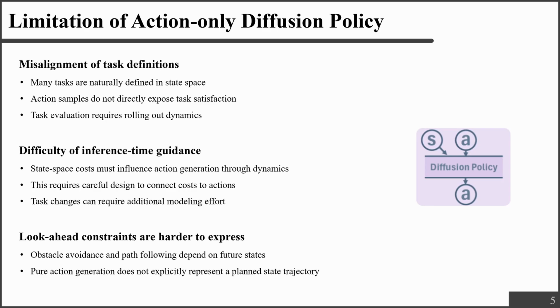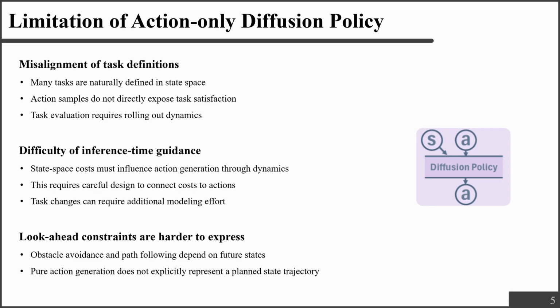Inference time guidance typically needs gradients of cost with respect to the sampled variables. If the sampled variables are actions but the cost is defined on states, then the link passes through the simulator dynamics. This makes the guidance pipeline more complex, and it can reduce the convenience of changing the cost and resampling that kinematic diffusion provides.